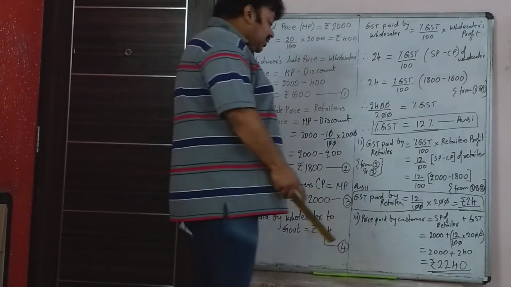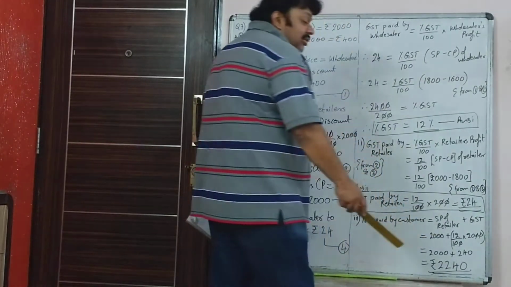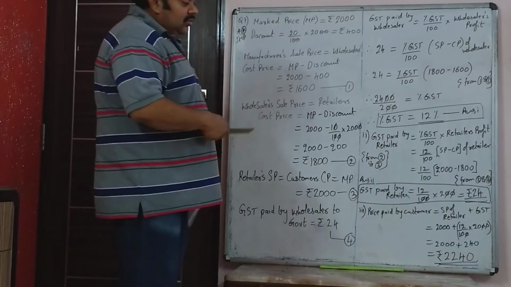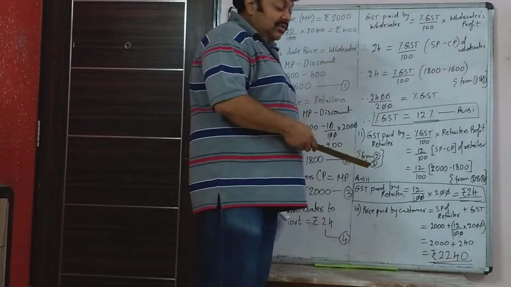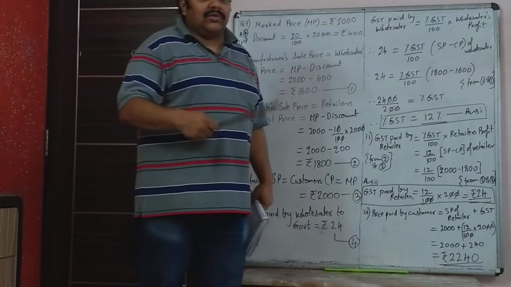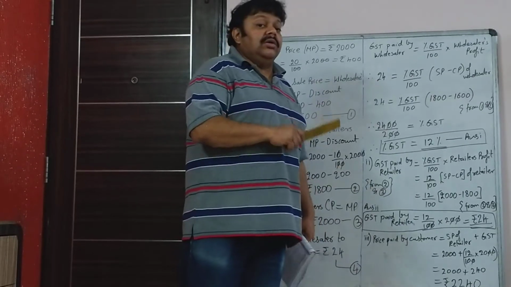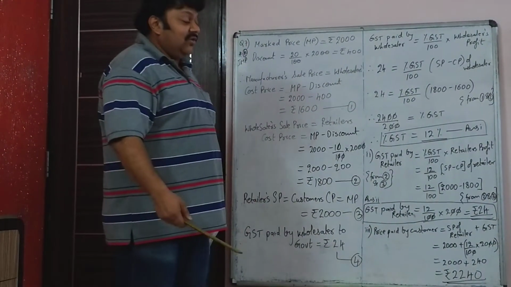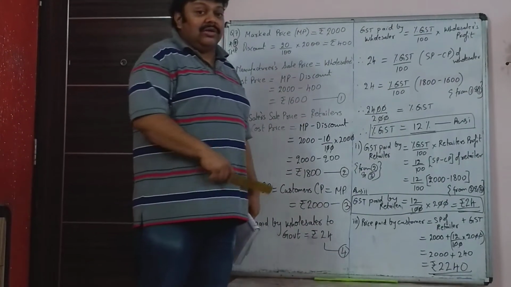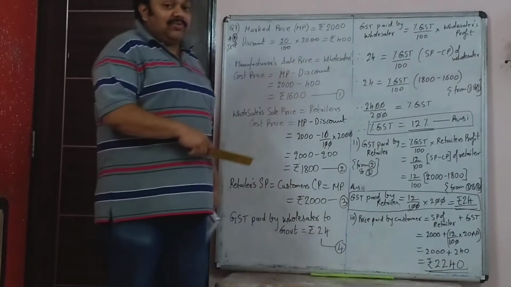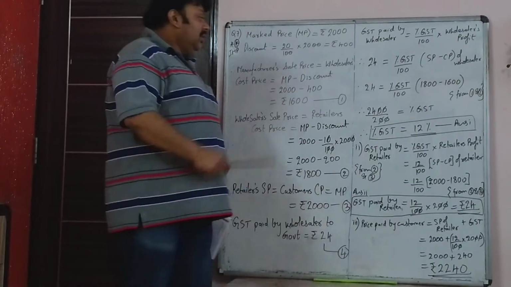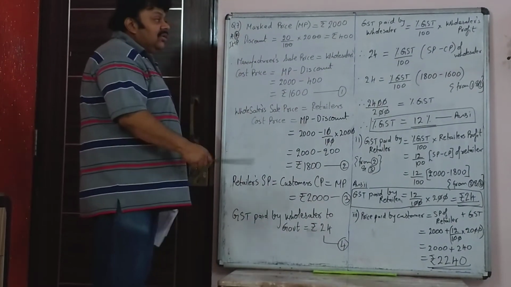So in this case, 2000 is the SP plus 12% of 2000. So rupees 240 is the GST. So rupees 2240 is what the customer will pay the retailer inclusive of GST. So the customer will pay 240 rupees GST, and the total price would be the retailer's SP plus GST, so 2240.